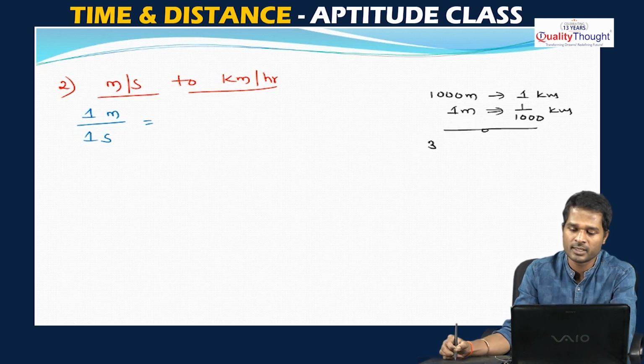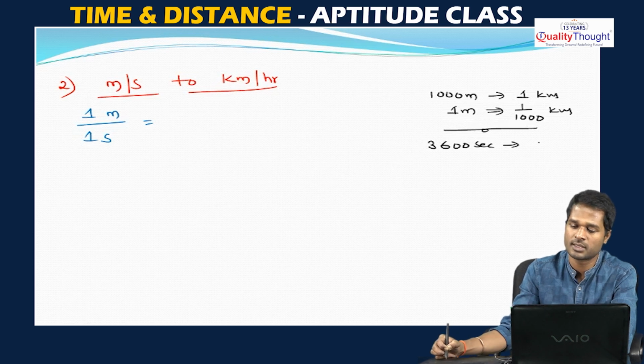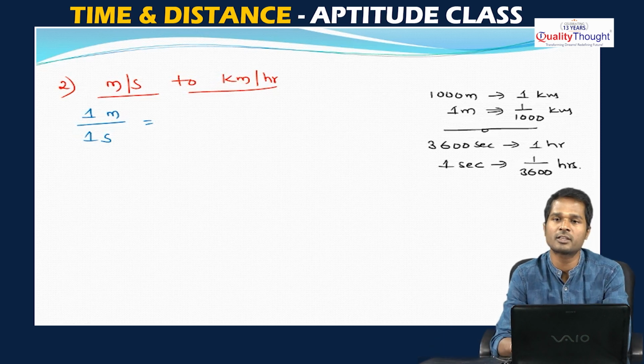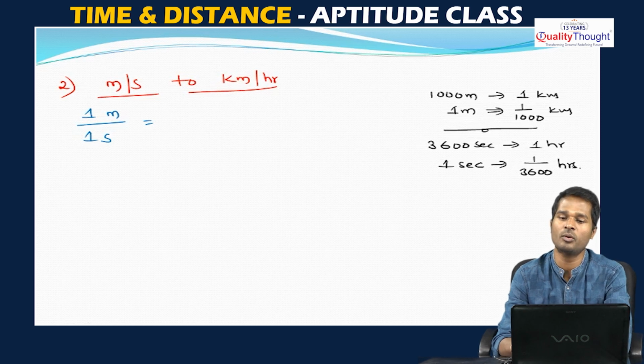Similarly, 3600 seconds is 1 hour, then 1 second is 1 by 3600 hours. So 1 meter is 1 by 1000 kilometers. Similarly, 1 second is 1 by 3600 hours.